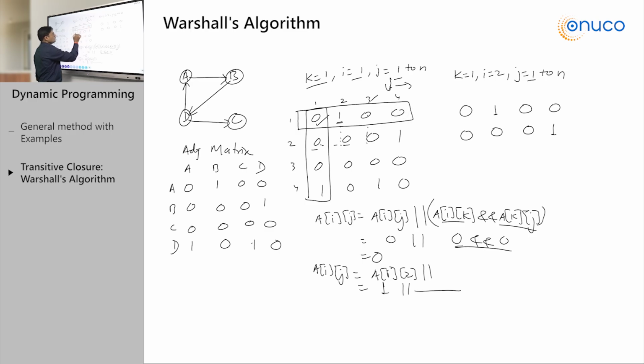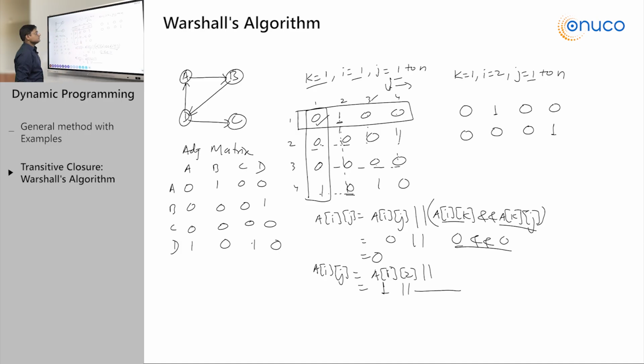Check with this position. One input is 0, the other input is 0, and since it was only 1, no change. Here one input is 0, the other is 1, remains 0. 0 and 0 remains 0. If you check for these positions, 0 and 0 remains 0. Check with these conditions. Here it is 1, and this position's j value will come as 1. 1 and 1 is going to make it 1.